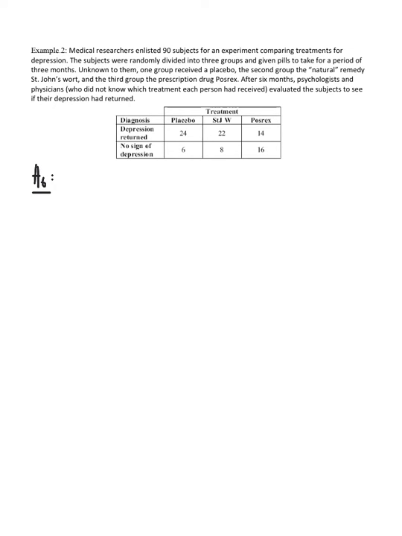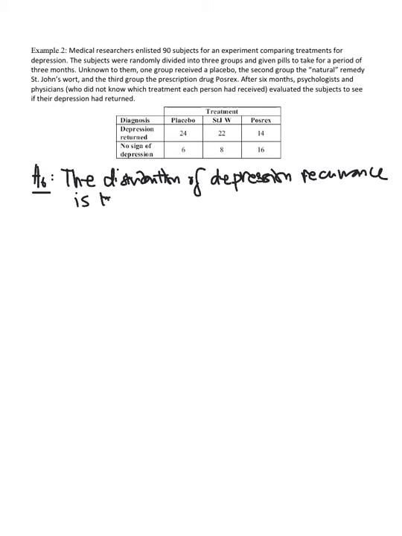All right, so let's go ahead and start with the null and alternative hypothesis. All right, so the null hypothesis, I would say the distribution of depression recurrence is the same for all 3 treatments.